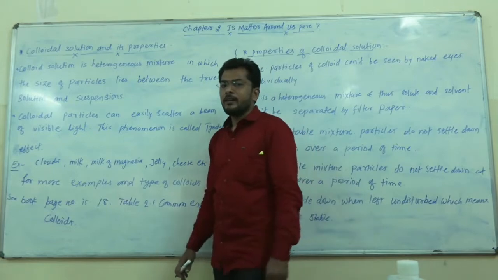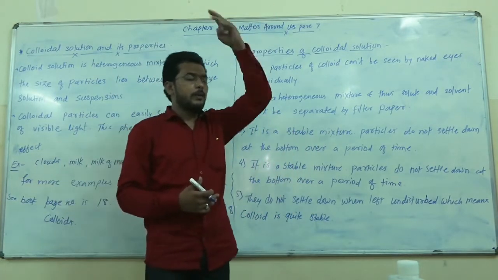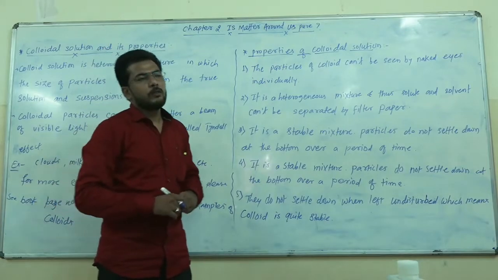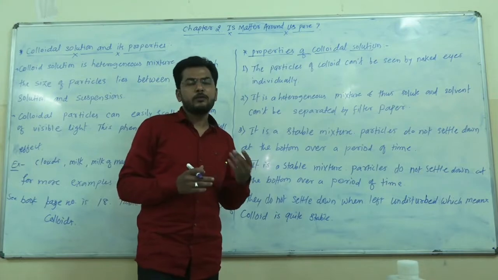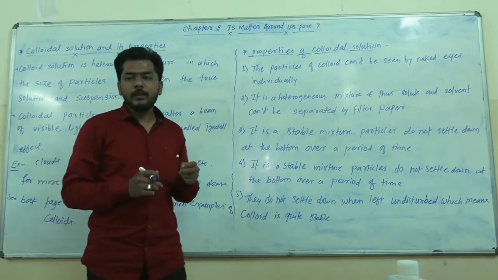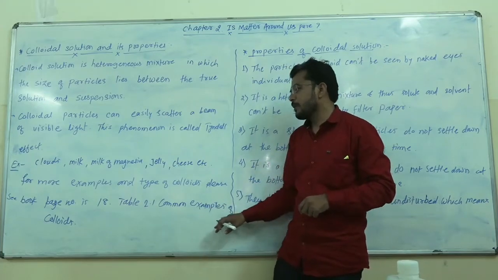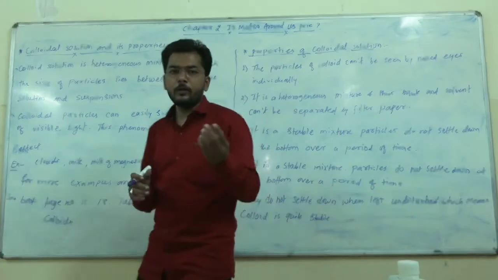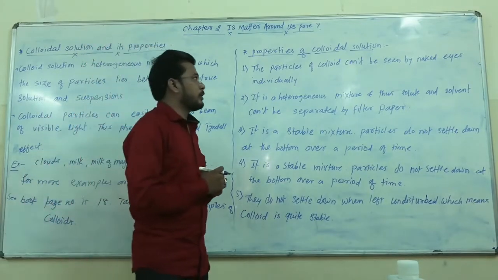There are 7 types of colloidal solution. For this, just refer to textbook page number 18, Table 2.1, which has common examples of colloids like aerosol and others. So please go through the textbook once.